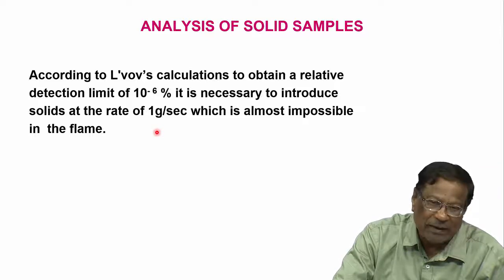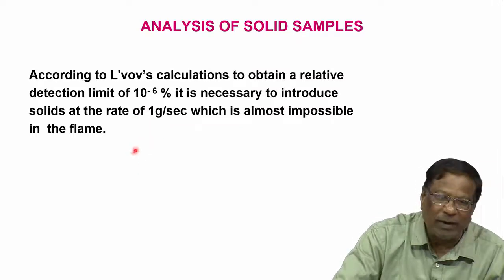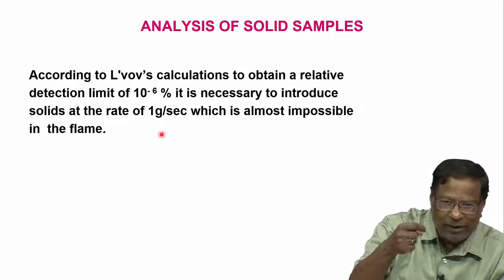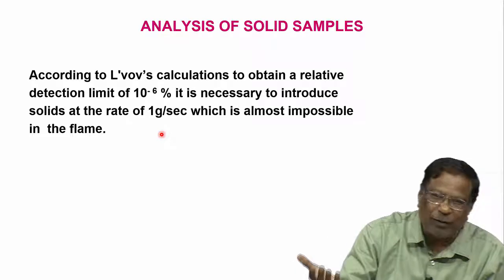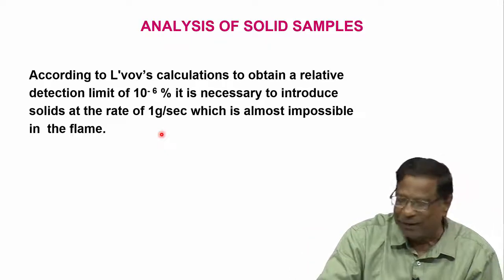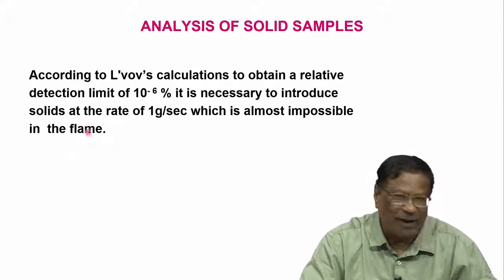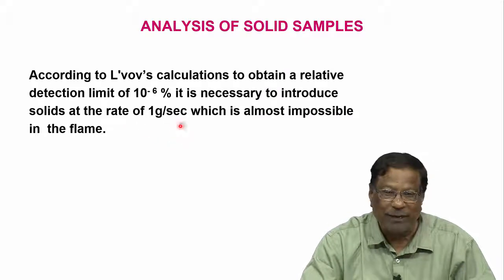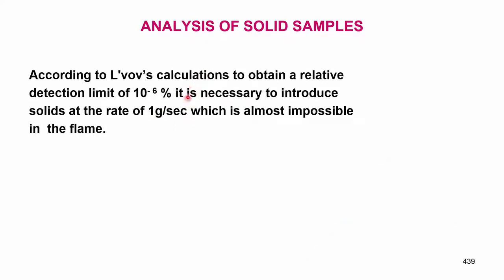The same thing is true even with graphite furnace, but people have tried taking the sample in a capillary, pushing it and then checking the weight of the pipette itself after delivery. Some amount of work has been done, but not very satisfactory. Maybe in the future there will be methods for the direct determination of solids using atomic absorption.